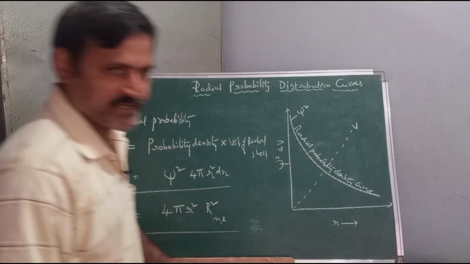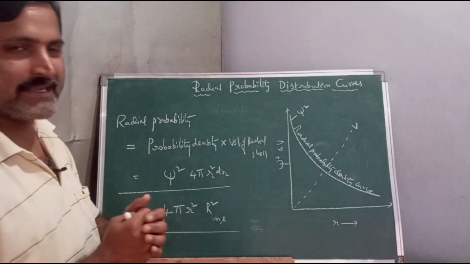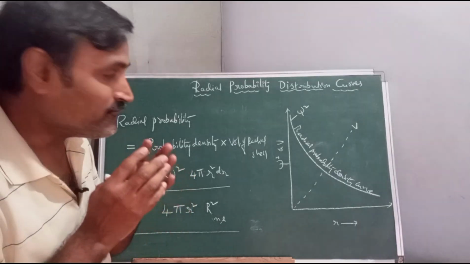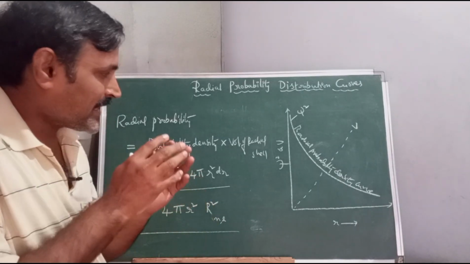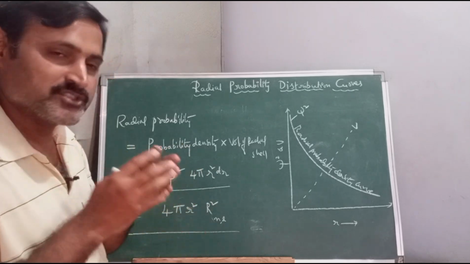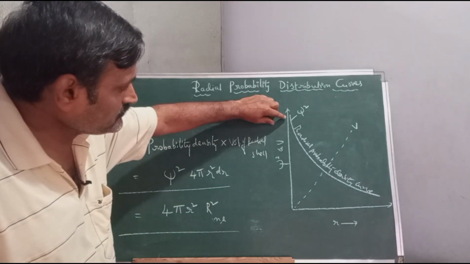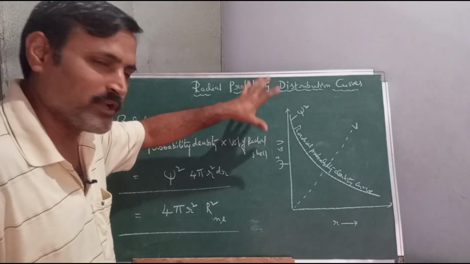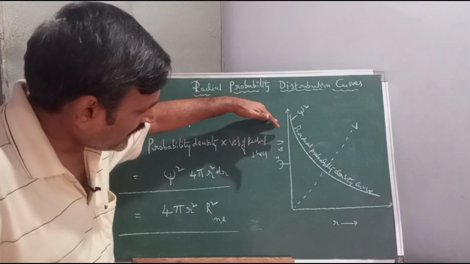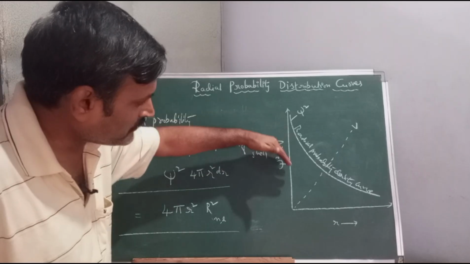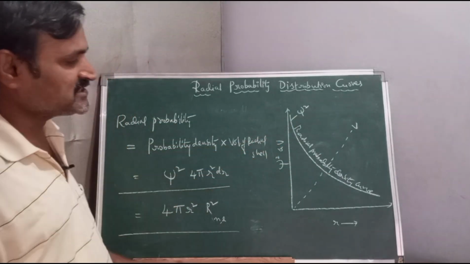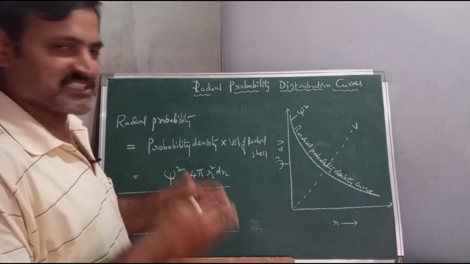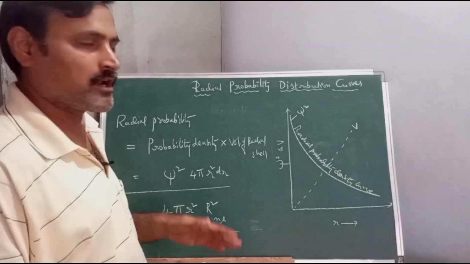So this graphical representation gives complete clarity that the electron probability becomes zero near the nucleus. That means near the nucleus there is no electron. Only once the distance from the nucleus increases can the electron be found.